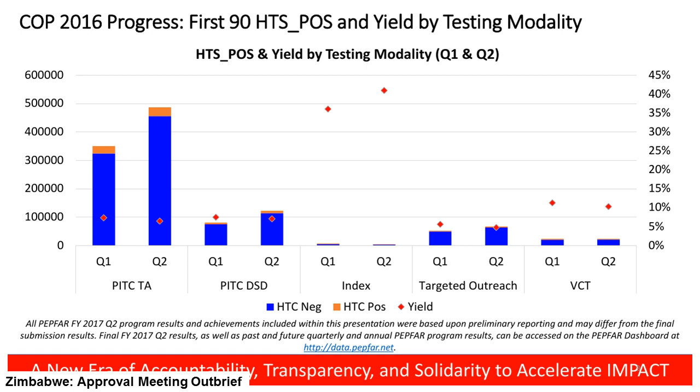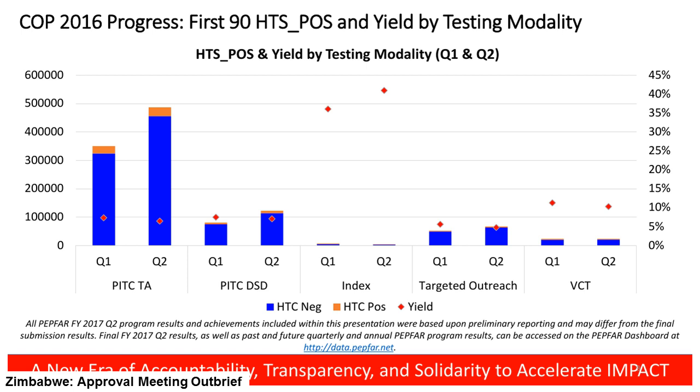And the orange part represents the number of HIV positive tests that were found. And then the red diamonds there represent the yield rate for each of these different testing modalities in the different quarters that are presented. These are, I believe, fiscal year 17, quarter 1, and quarter 2 data.